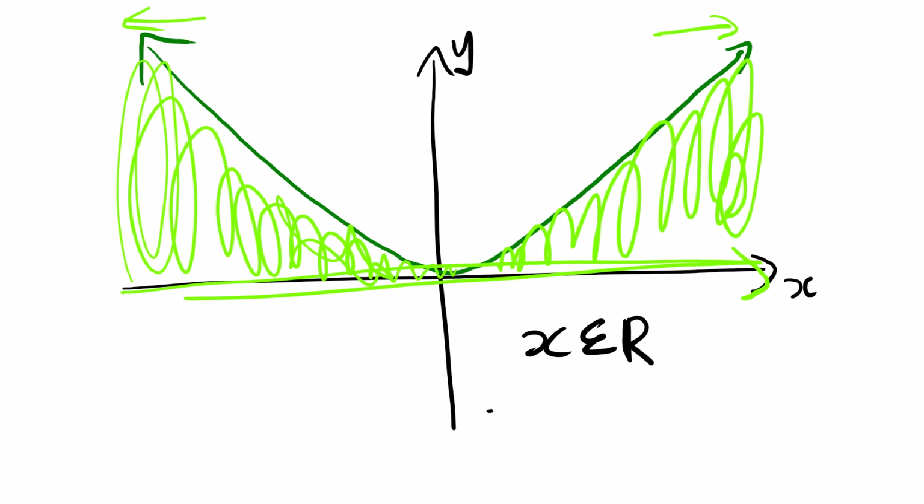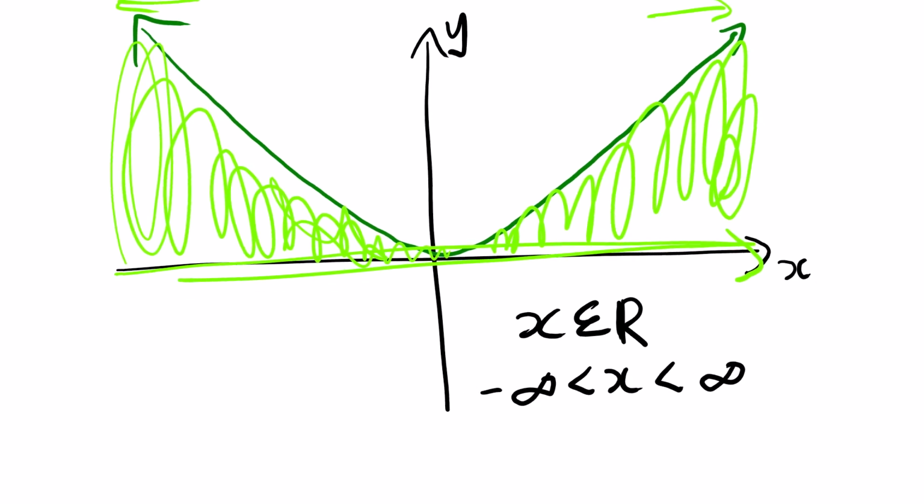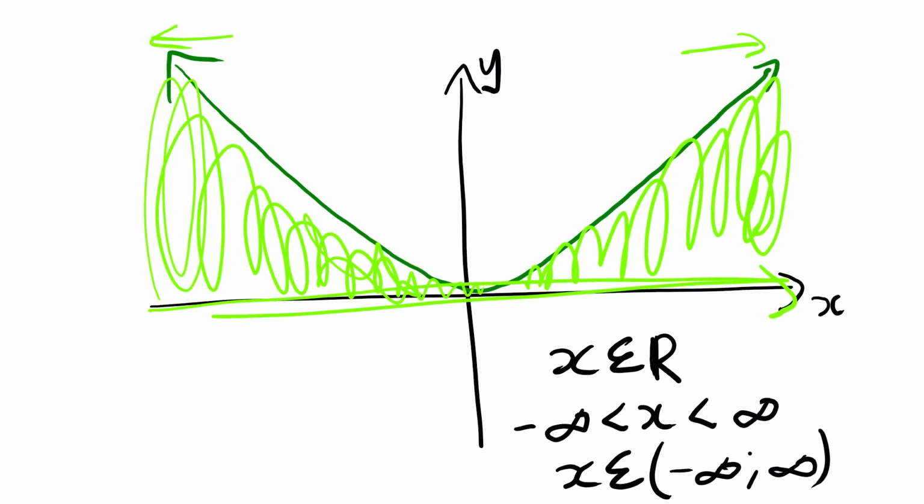Again, we can say from negative infinity to positive infinity. Again, we can say x is the element of numbers starting from negative infinity to positive infinity. We go to our range, y-axis.